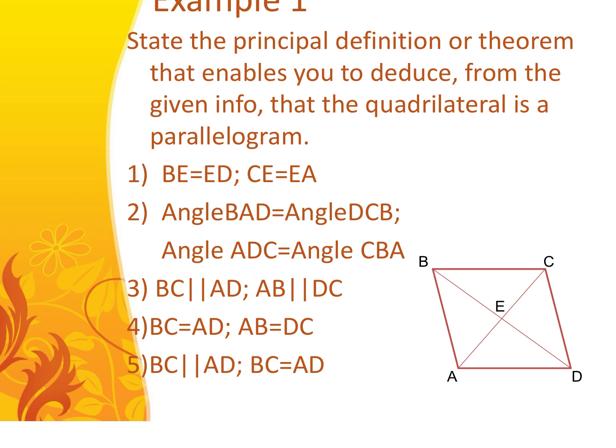They're giving us that BE is congruent to ED, and CE is congruent to EA. Well, this shows me that my diagonals have been bisected. So what I would use to prove that this ABCD is a parallelogram is the parallelogram diagonals converse.